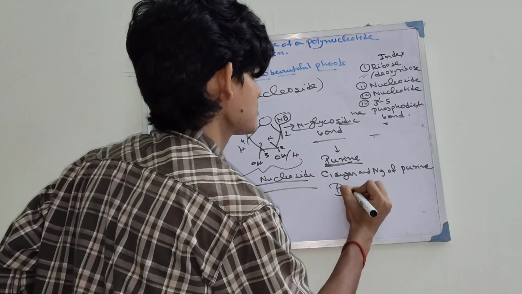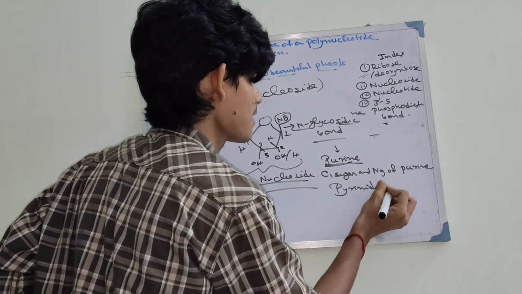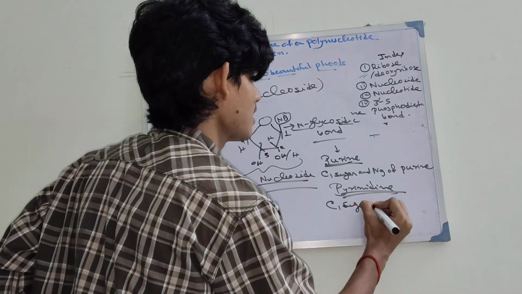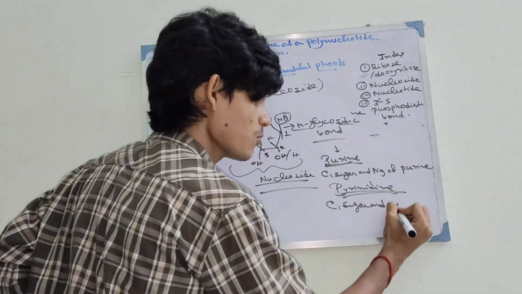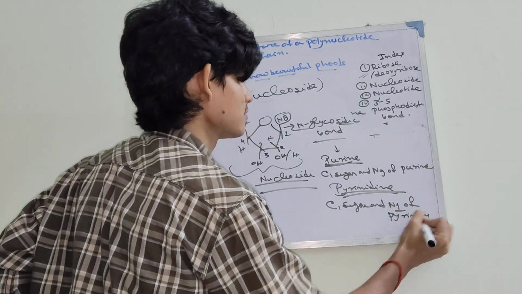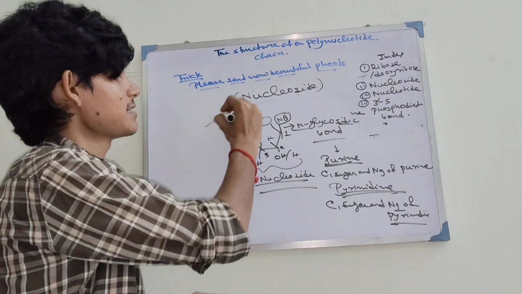And if pyrimidine is the nitrogen base, the bond will be formed between C1 of the sugar and N1 of pyrimidine. Okay, so nucleoside is clear.